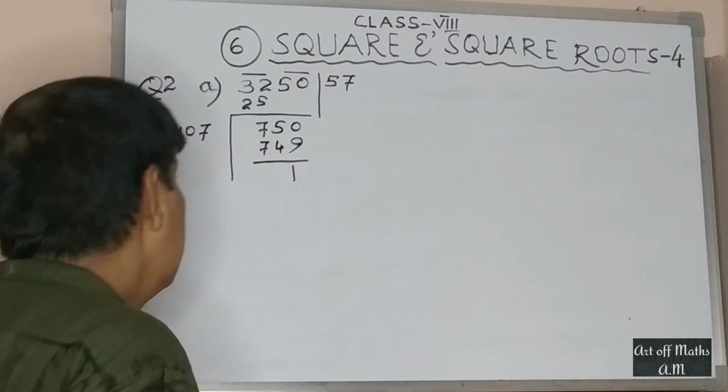Now in this case, 1 is to be subtracted from the given number. So 3, 2, 5, 0 minus 1. This is the least number which is to be subtracted from the given number to make it a perfect square. This is 3, 2, 4, 9. It becomes a perfect square.